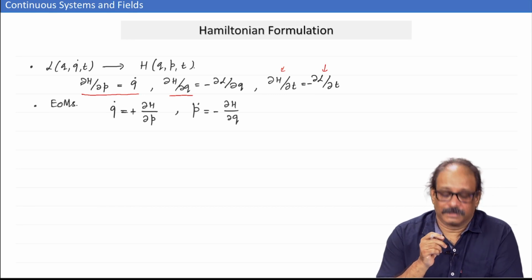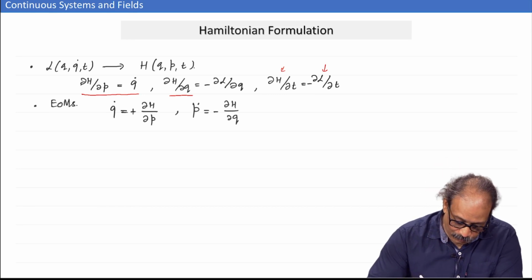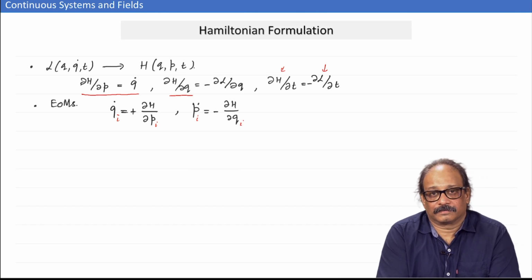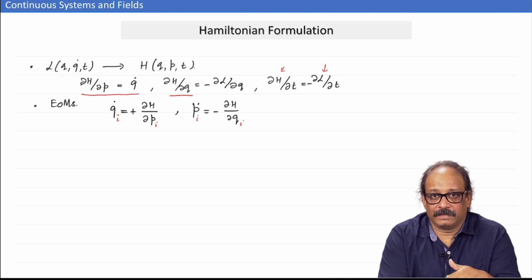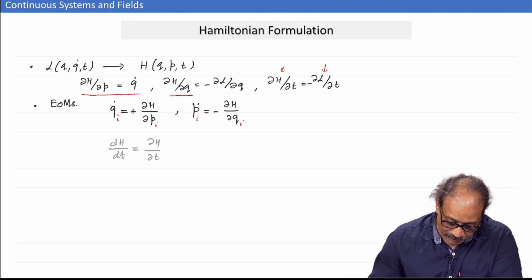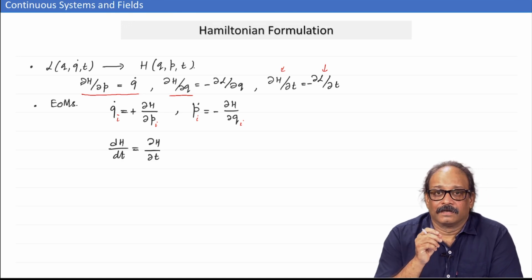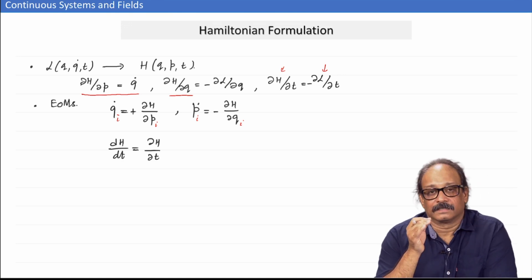The equations of motion were given by q_i dot, so I will add that here, and p_i dot. These two equations of motion. And you will see now the difficulty that we face when we actually try and derive these equations. Fine. The final equation would be dH by dt is equal to the partial.